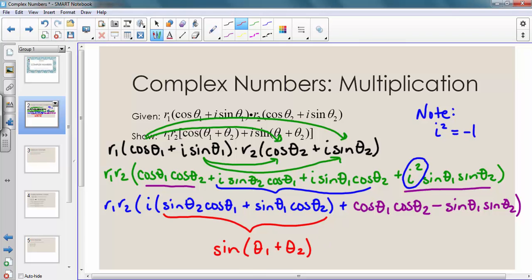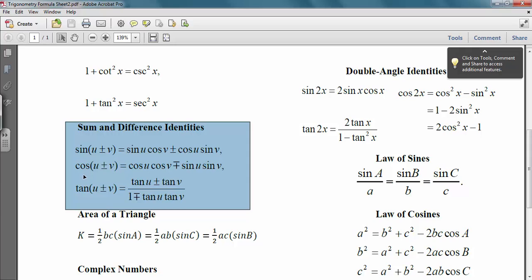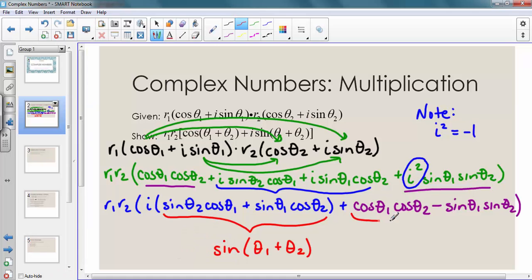Then again, looking back at our sheet, if I look at the cosine of u plus v, I get cosine u times cosine v minus sine u times sine v. So that's exactly what I have here. So that's going to turn into cosine of theta 1 plus theta 2.